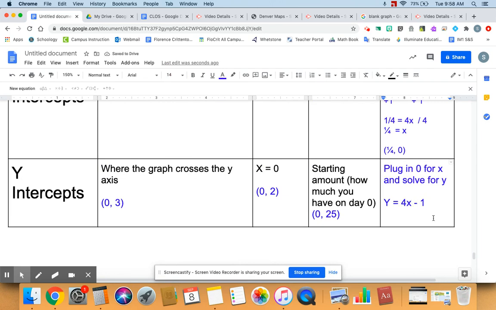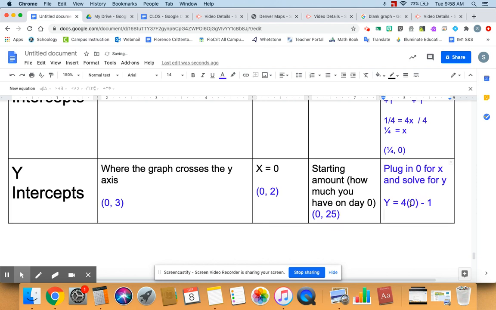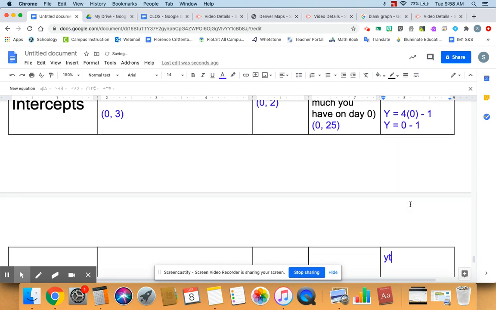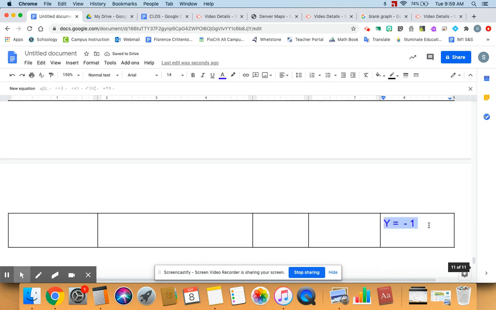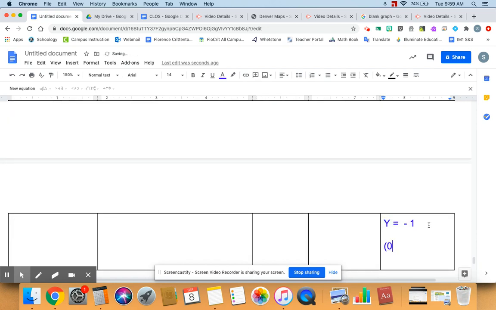But in this case, to figure out my y-intercept, I'm going to plug in 0 for x. So instead of x, I'm going to put 0. So y equals 4 times 0, which is 0, minus 1. So y equals 0 minus 1, which is negative 1. And now that I've solved for y, I know that my y-intercept is that when x was 0, my output was negative 1.